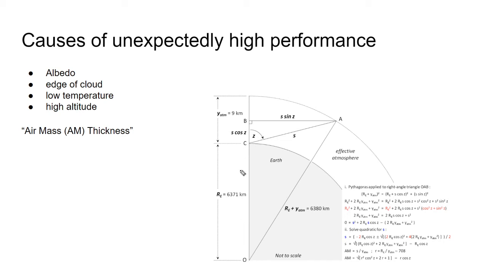Just the difference between high noon, when the sun is directly overhead, that photon from the sun to hit your solar panel travels through less atmosphere than at 10:30 a.m. when the sun's at an angle. That photon travels through more atmosphere.